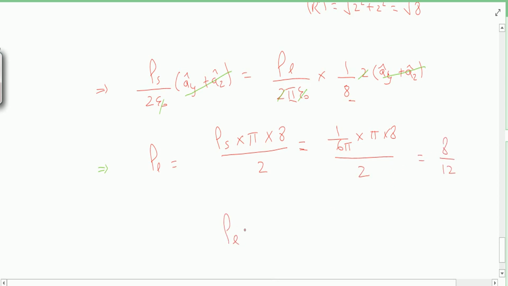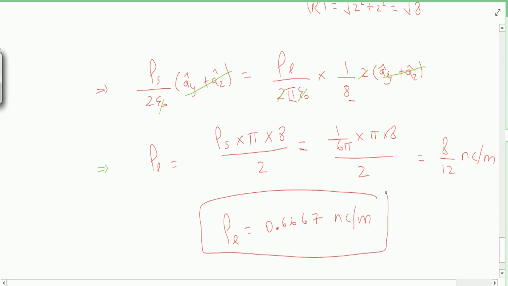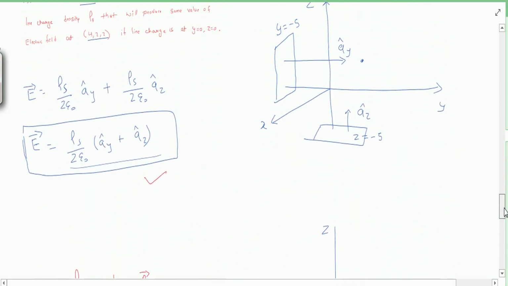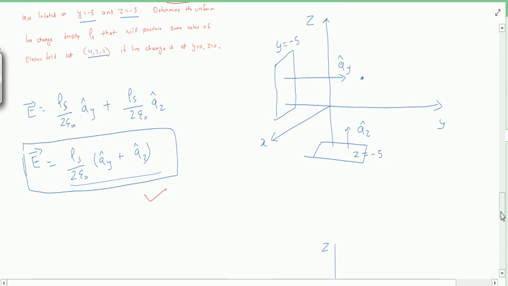So the value of rho L, in nanocoulomb per meter, is 0.667 nanocoulomb per meter. This is the value of rho L that will produce the same electric field at the point (4, 2, 2), which was produced by the surface charges present at y equals -5 and z equals -5.